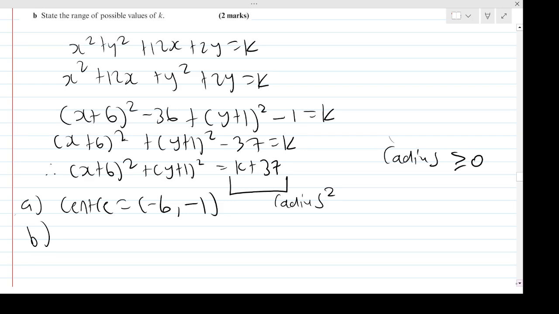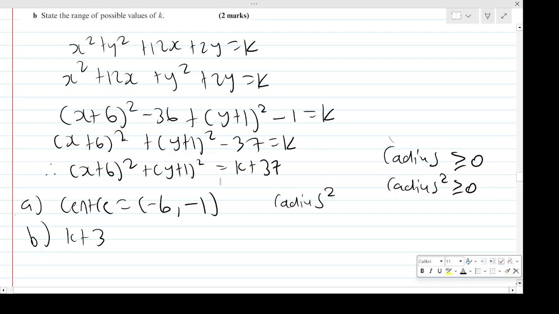With that in mind, if the radius has to be above 0, therefore radius squared has to be above 0 as well, right? That means k plus 37, which is the expression for radius squared, because remember, the bracket equation equals r squared, has to be at least 0.